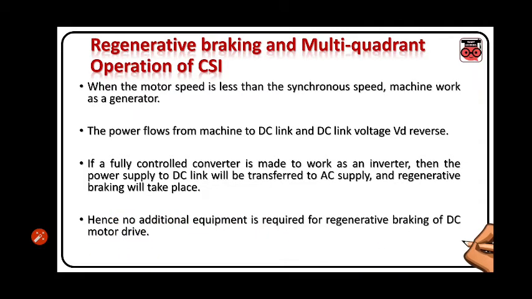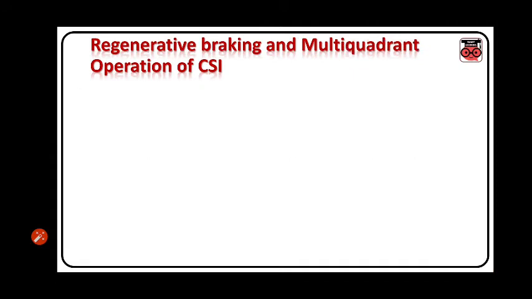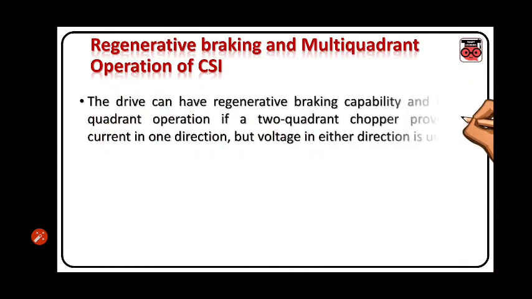Hence, no additional equipment is required for regenerative braking of a DC motor drive. The drive can have regenerative braking capability and 4-quadrant operation if a 2-quadrant chopper, which provides current in one direction but voltage in either direction, is used.